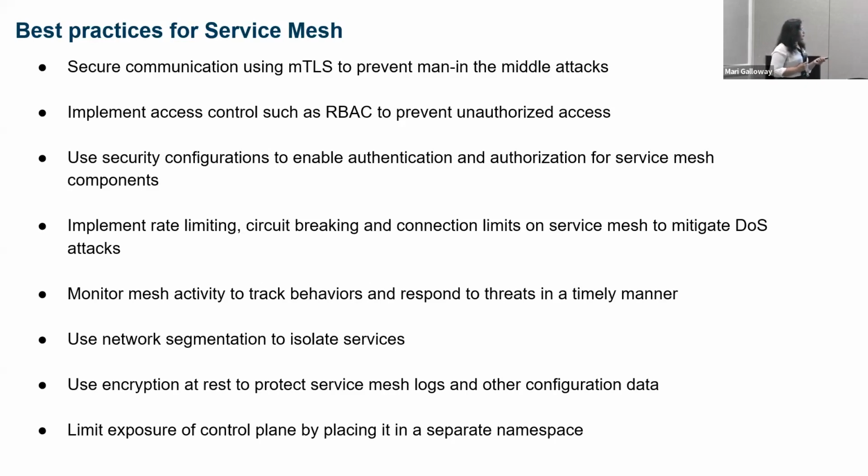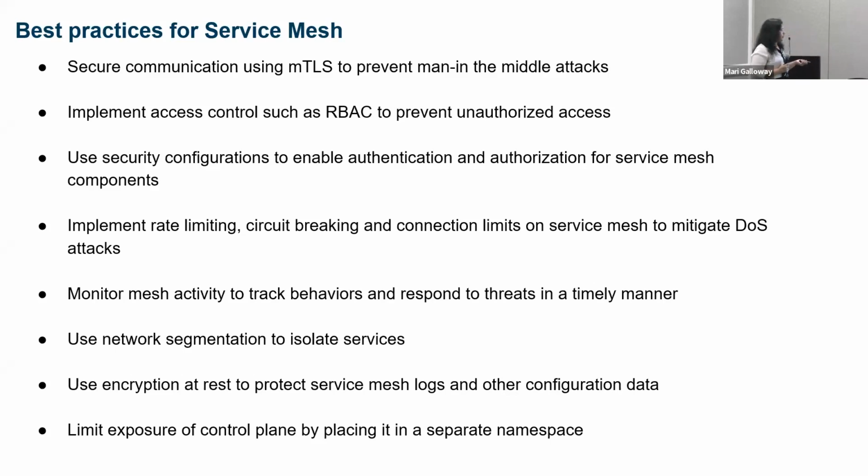Then, as I said, the service mesh has information about your entire network. It has logs about the entire network, and it also has configuration data about it. So it is very important that we encrypt this data at rest, because if attackers get that data, then your entire network is compromised.